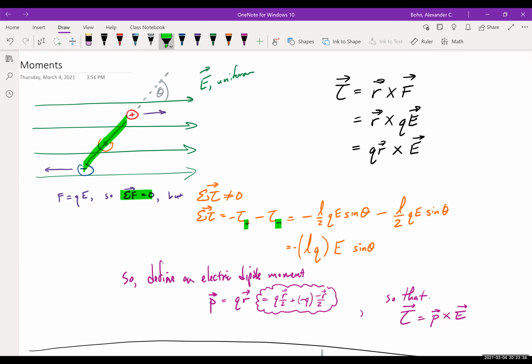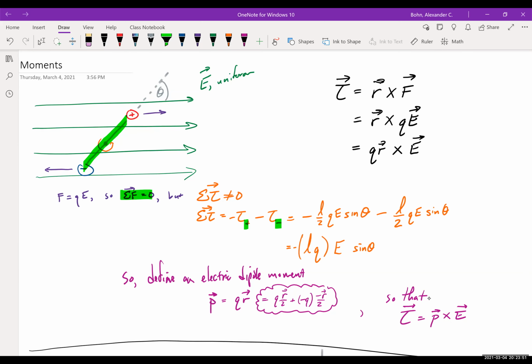Okay, so we write them with negative signs, and remember that torque is lever arm cross force.